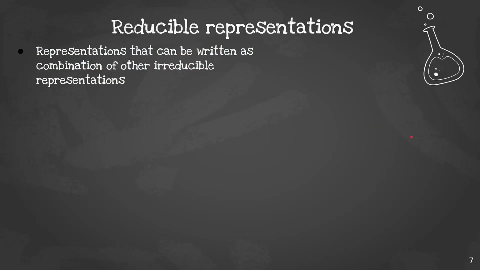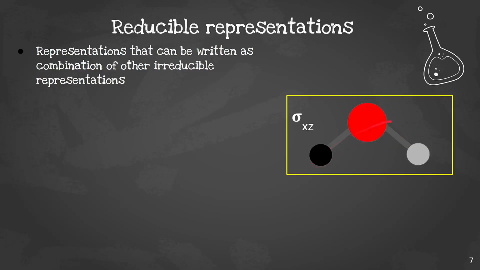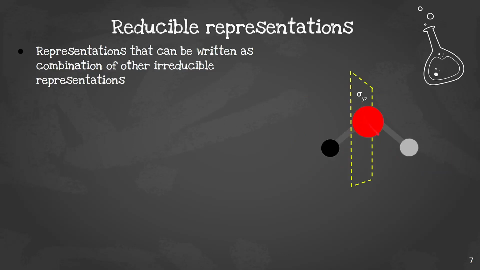For sigma xz, there will be no change because sigma xz has the same plane as the molecule itself. So there will be no exchange or shift of bonds, and we get two unmoved bonds. And if we go to the last one, sigma yz, again this hydrogen will be shifted there and that one shifted to this side, and the number of unmoved bonds will be 0.